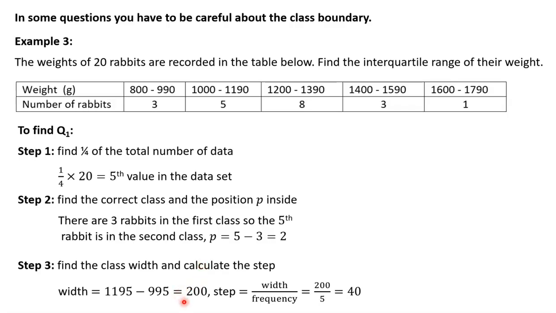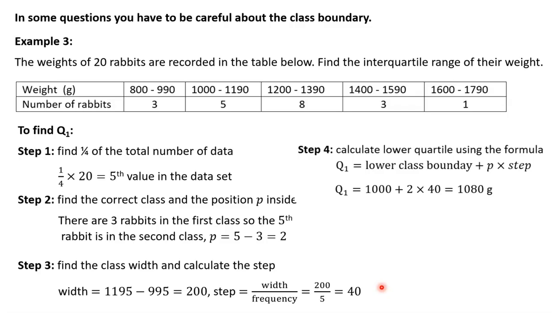The class width is, and now here we see that it finishes at 1195 and it starts at 995. So the width of this class is 200, step is 40, and so using the formula, we can calculate Q1, and we will get the answer 1080 grams.